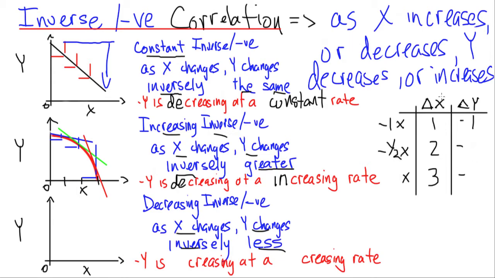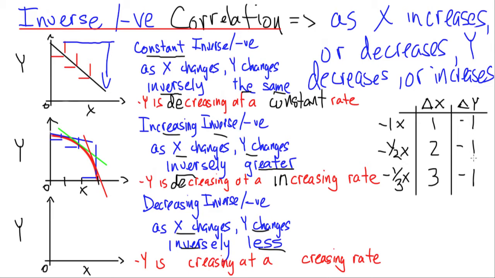So when x changes by 2, y changes by 1. And next, we can go to a smaller number, say a -1/3. A -1/3 is smaller than 1/2, is smaller than 1. So when x changes by 3, y changes by 1.